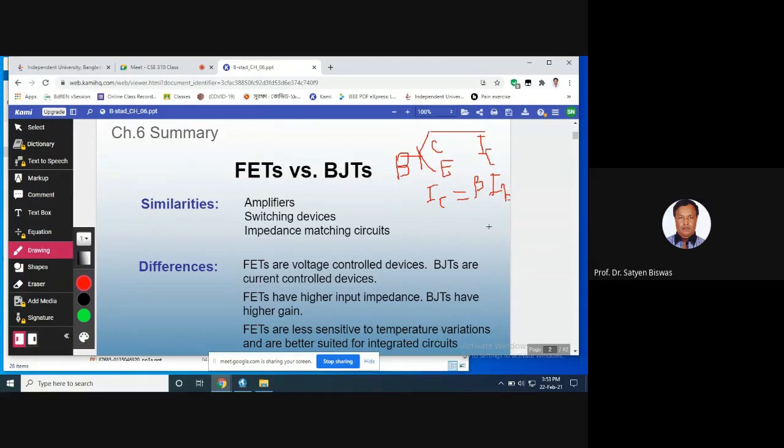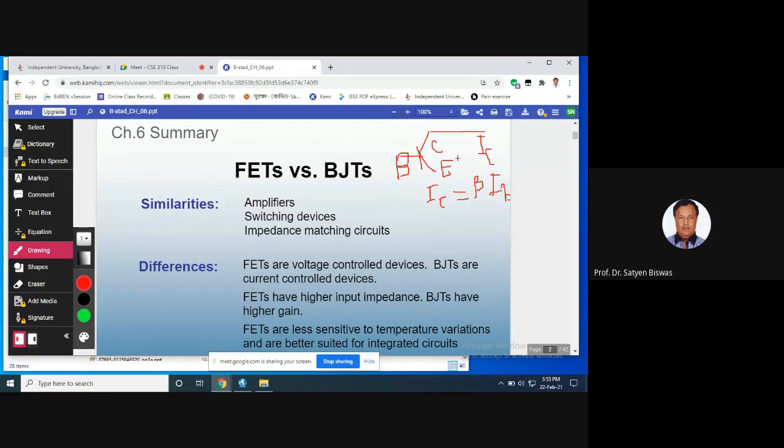And what was the value of beta? The value of beta was almost 100, starting from 50 and going up to 200, 300. So that means the collector current is, let's say, 100 times bigger than the base current. So the current is amplified in the BJT.